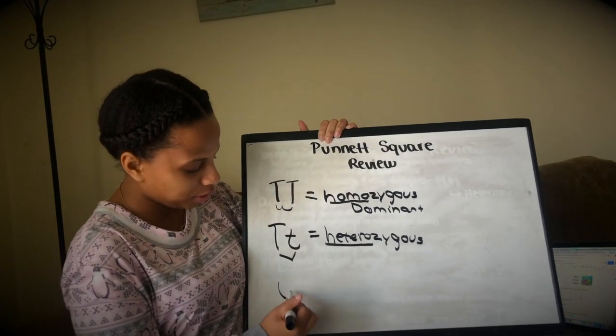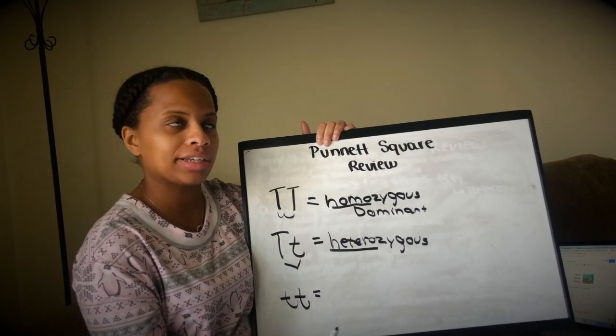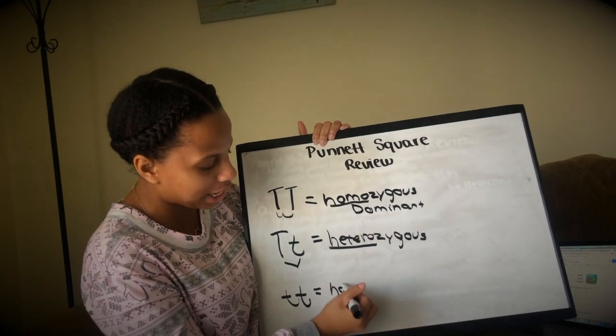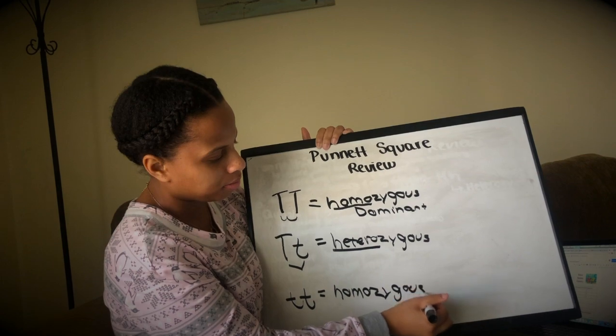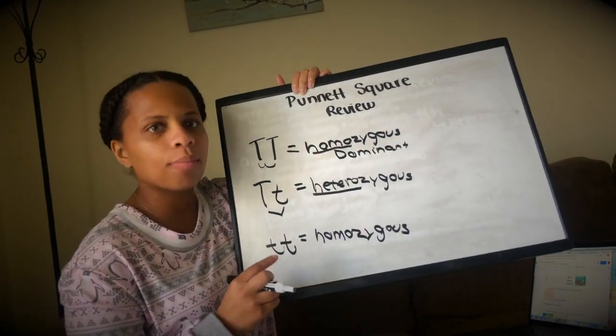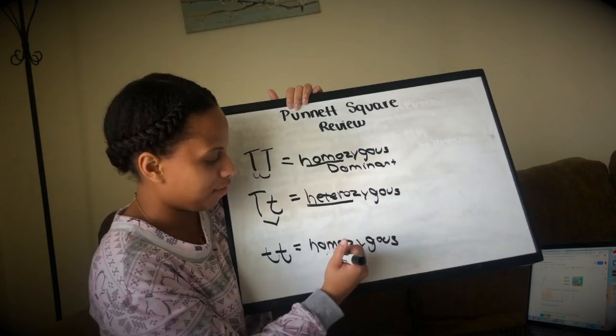And our last one, if we have two lowercase t's, homozygous or heterozygous? Homo, because they're the same, so it's going to be homozygous. Now, is this homozygous dominant or recessive? Well, because it's lowercase, it's going to be homozygous recessive.